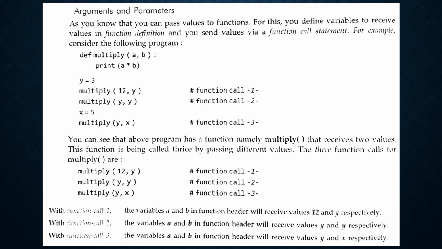Parameters means variables in the function call, and those will be copied to the arguments in the function definition or function header. So these are the differences between arguments and parameters. Arguments copy the values from the parameters, and parameters are used to copy the values to the arguments. Okay, these are about today's session.